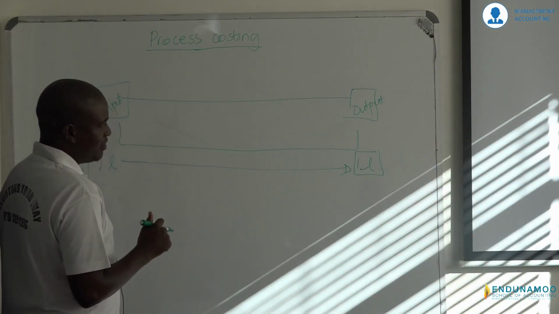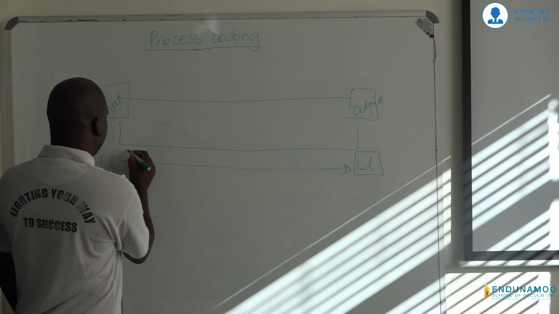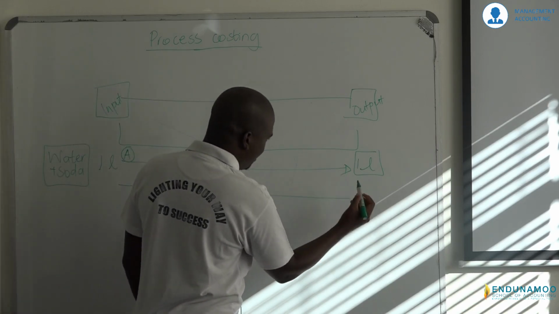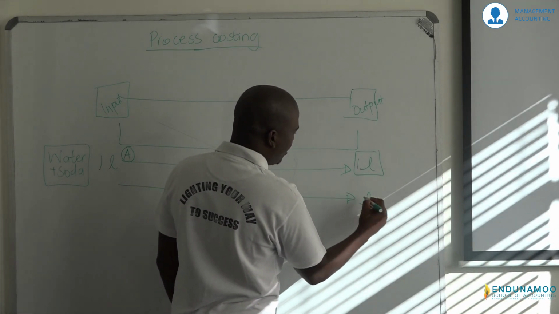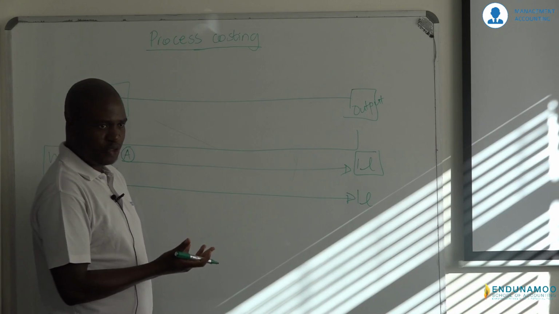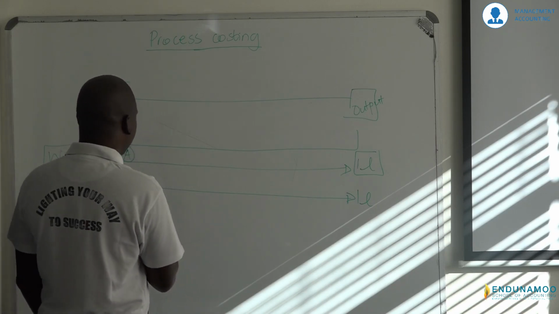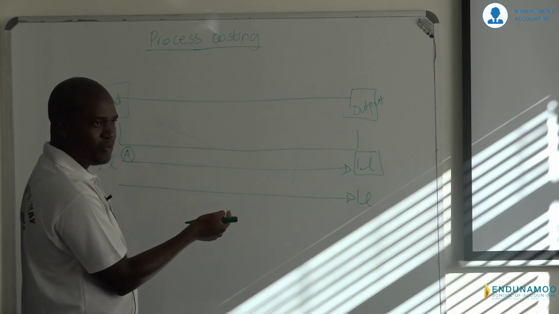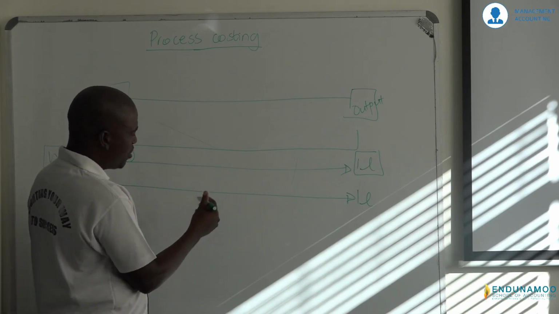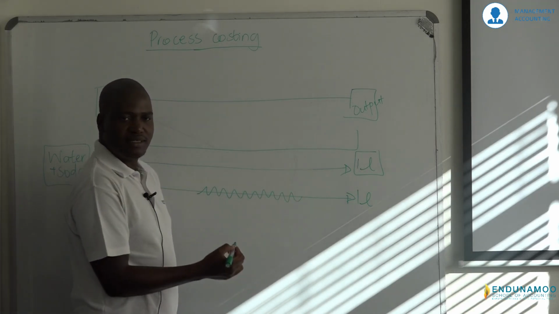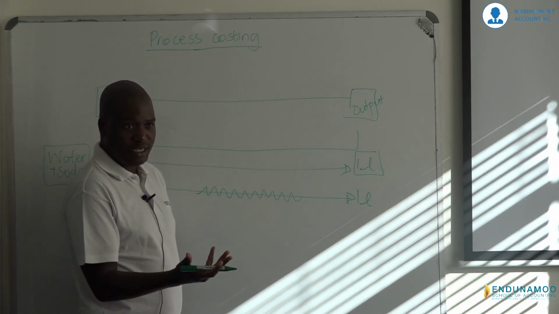Let's call this scenario A. Then scenario B says I still want 1 liter of output, but for me to get 1 liter, I have to put in more. Why do I need to put in more? Because during the process some water will be spilled and therefore I will not get it at the end.